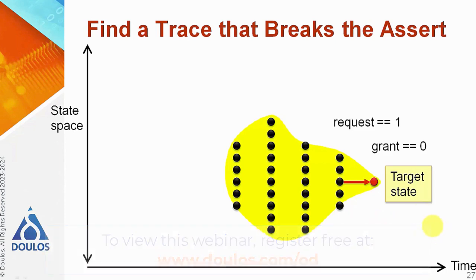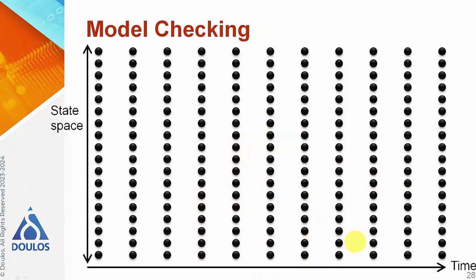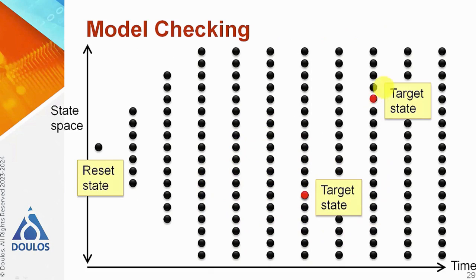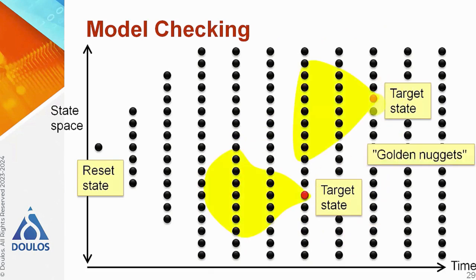So when we're done, we end up with a formal tool having explored what I'm calling a golden nugget. With formal, we identify certain target states, we then run our proofs, and when those proofs have completed, we've identified certain areas within our design where we've exhaustively, unequivocally proved certain properties of the design.